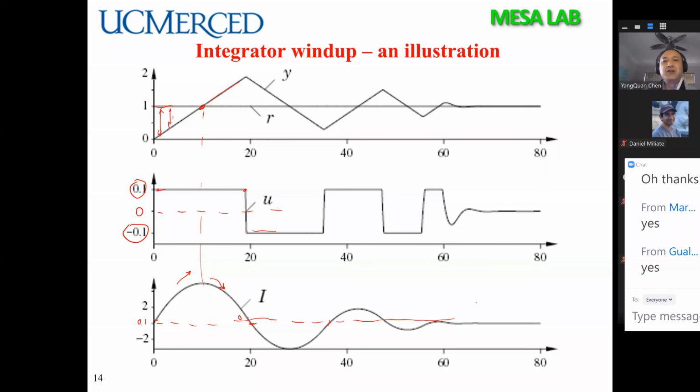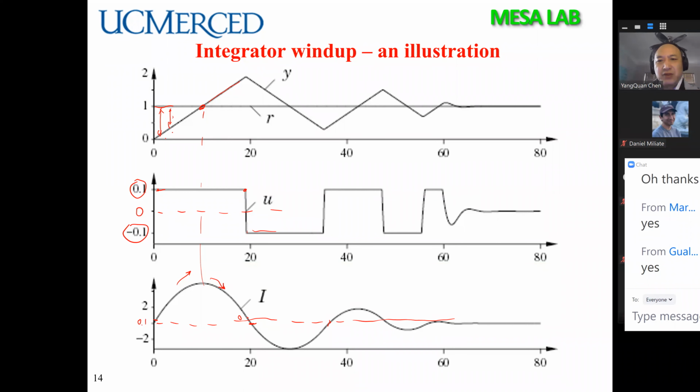So you can see the control signal gets saturated. Then you can see the output will oscillate for a long time before it settles. This is really bad. This is called integrator windup.